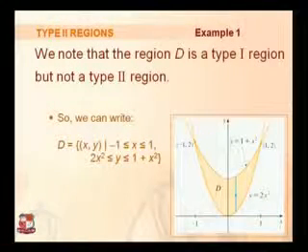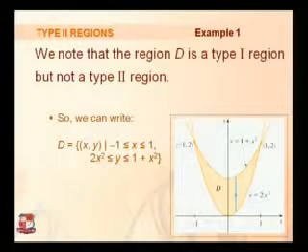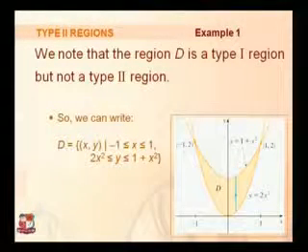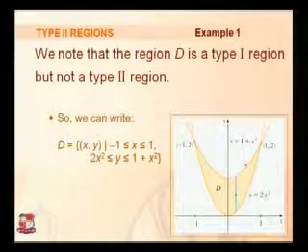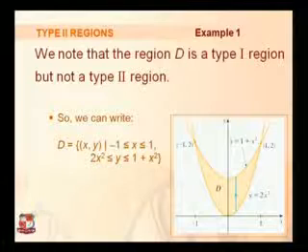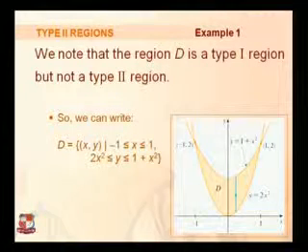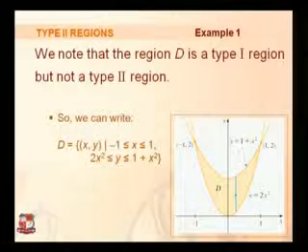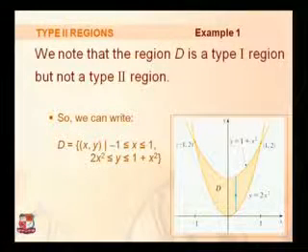Note that the region D is a type 1 region. The limit of x is -1 less than or equal to x less than or equal to 1. This is type 1 because we have fixed limits of x, and fixing the limits is the most important thing.